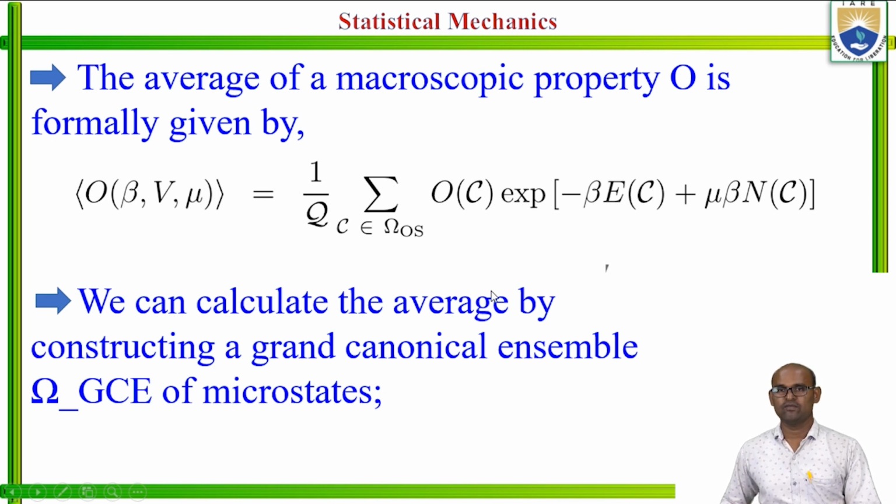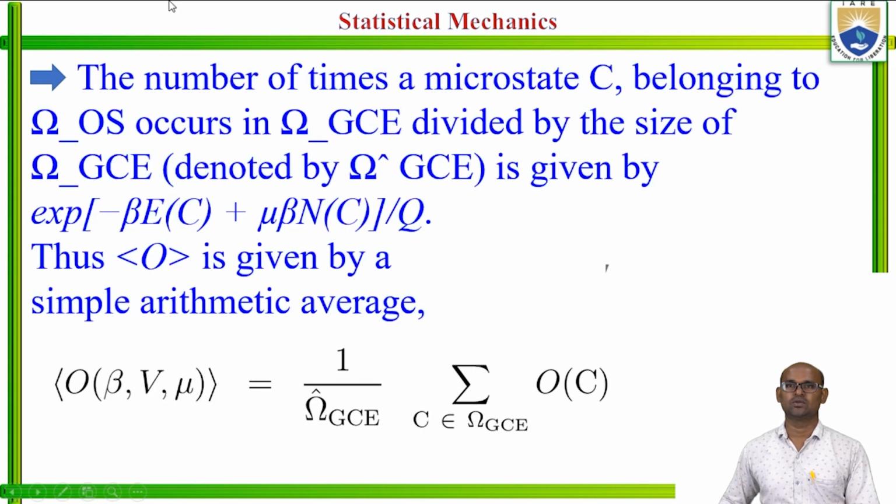So we can calculate the average by constructing a grand canonical ensemble, omega of G, of microstates. So we can calculate this macroscopic property by taking the ensemble average by constructing a grand canonical ensemble. So the number of times a microstate C belonging to this open system occurs in the grand canonical ensemble divided by the size of this grand canonical ensemble is given by the probability of occurrence of a microstate, which is given by this exponential of minus beta E plus mu beta n of C, divided by Q, where Q is the partition function.